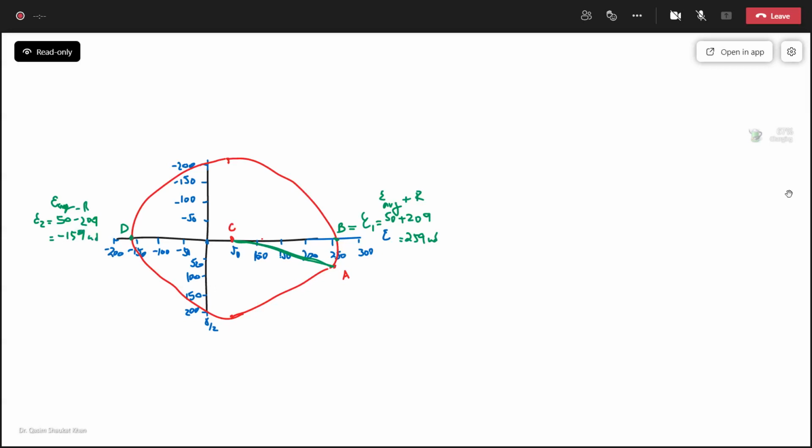So, moving from the radial reference line CA towards CB, this will be 2 theta P1. So can you please calculate this?